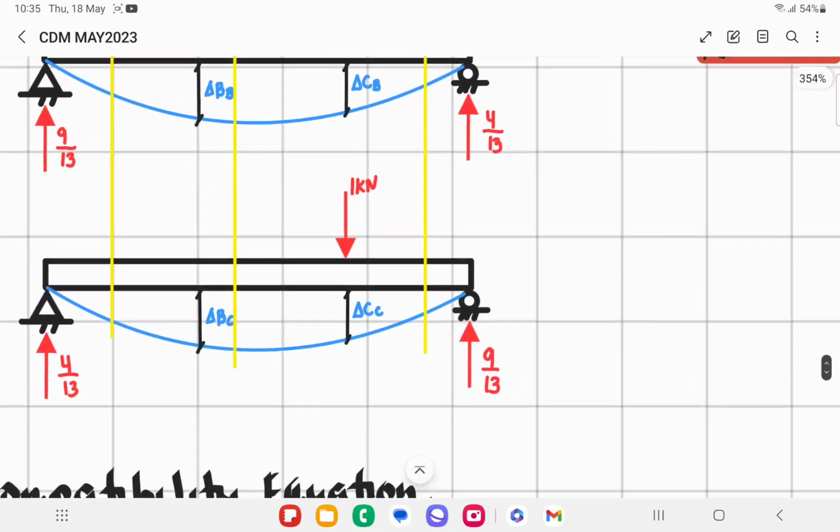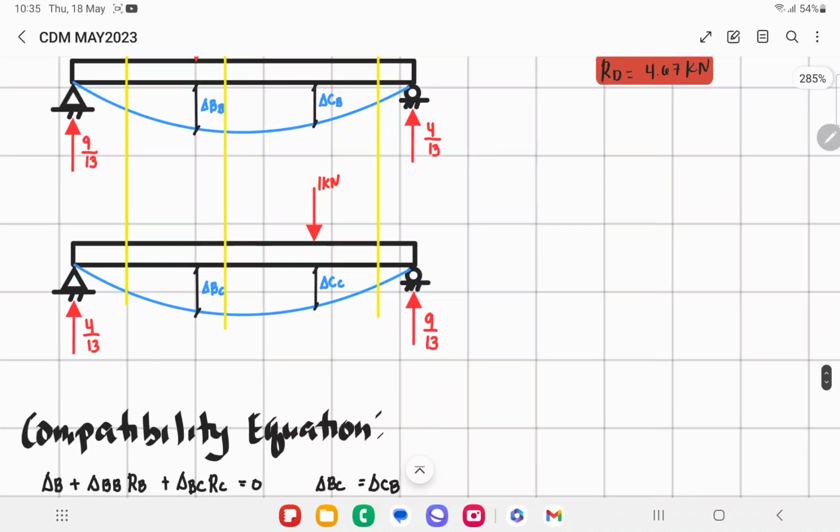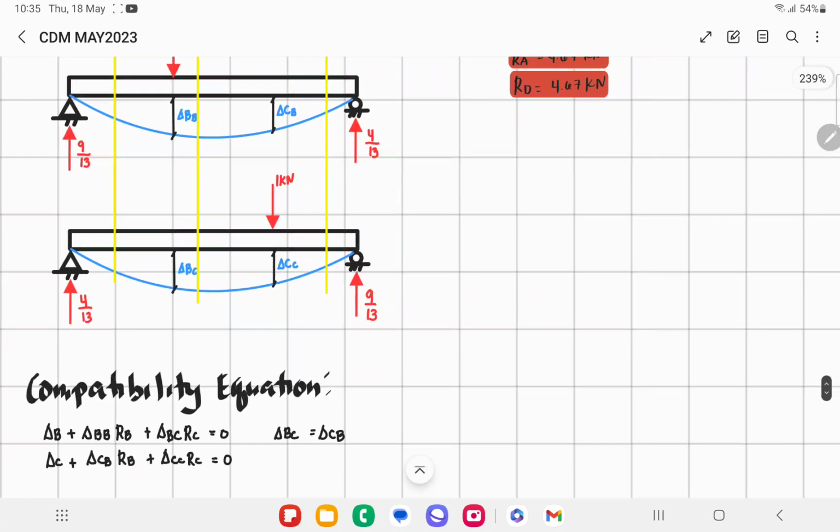Next, we apply a load at point C. We have a deflection at C due to the applied load at C, and also a deflection at B, since we removed the support at point B. So we have a deflection at B due to the load at C. Again, you can compute the reactions at both supports.